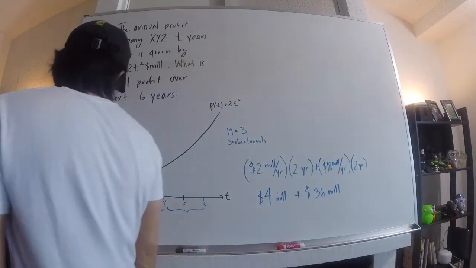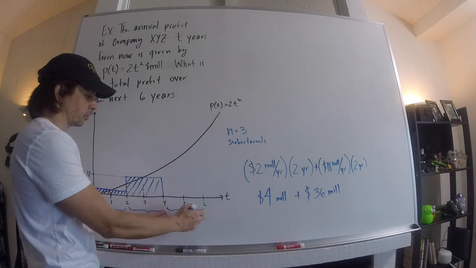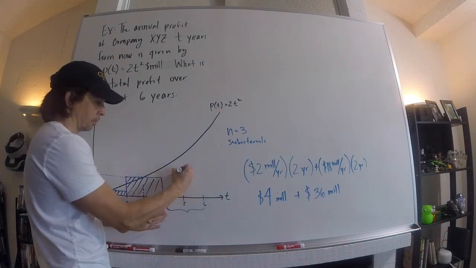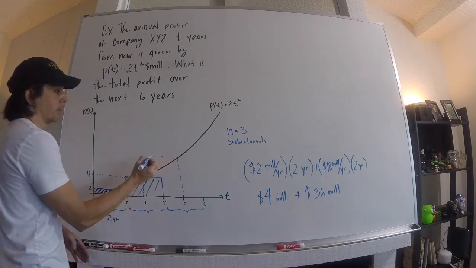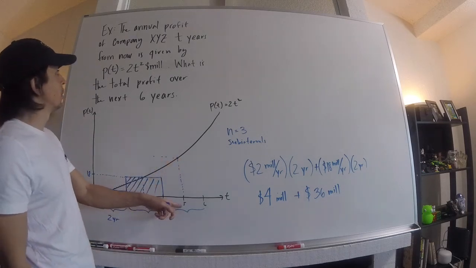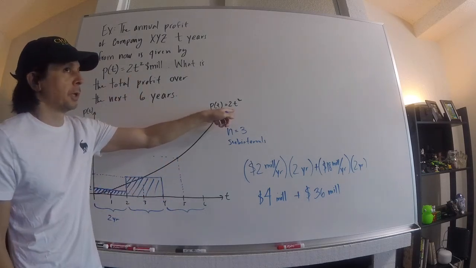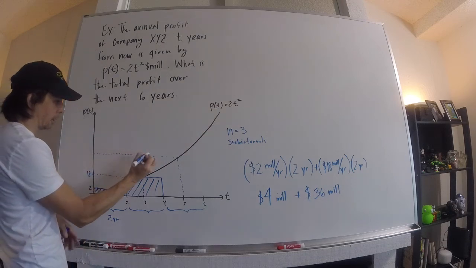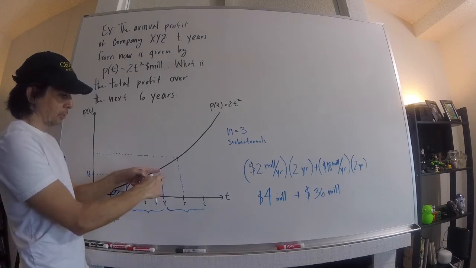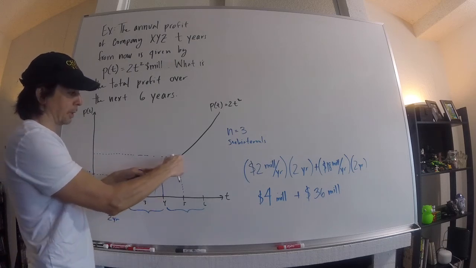Last one will be consistent. We'll use a midpoint of year 4 to year 6. I plug 5 into my equation, and it's going to be 50. So their annual profit is going up and up, hits 50 million, keeps going up and up.